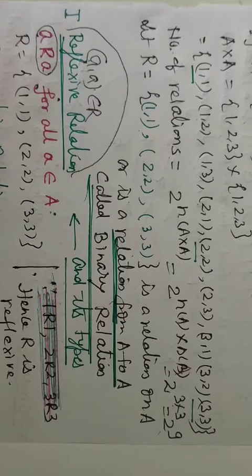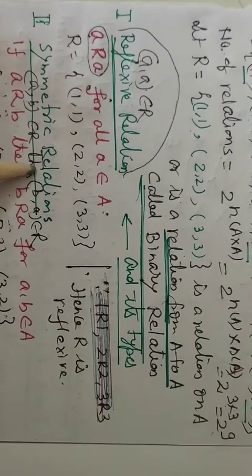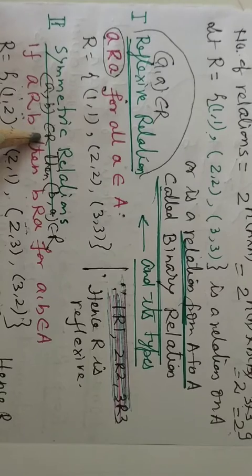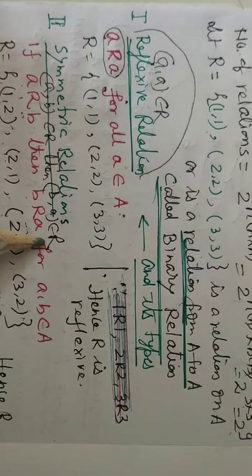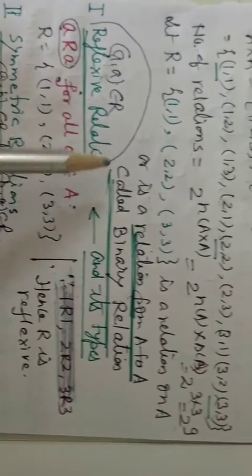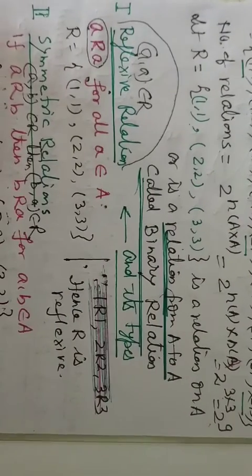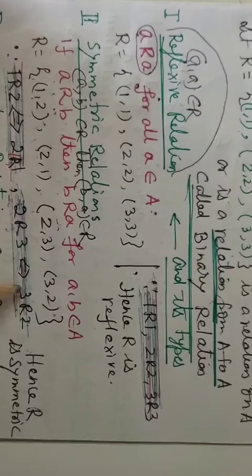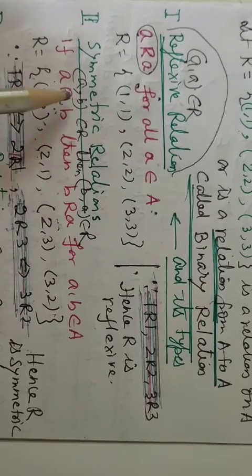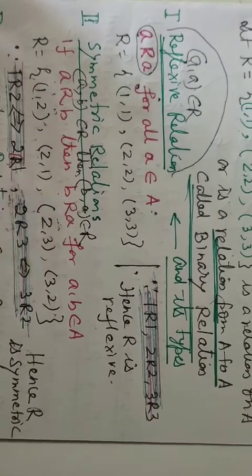If AB belongs to R, then BA belongs to R. Just see once more, symmetric relation: 1 2 and 2 1, both are taken from the upper set. If the reverse is there, then the straight is also there; if 2 3 is there, then 3 2 is also there. If 1 2 is there then 2 1 is there, if 2 3 is there then 3 2 is there. It means if AB is given, then BA must be here. This relation is called a symmetric relation.